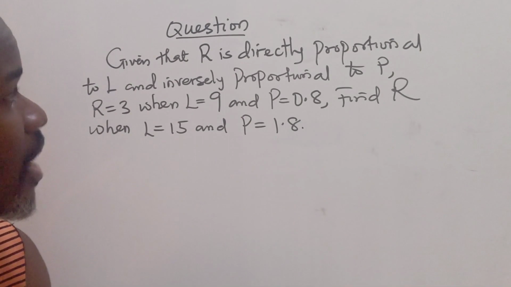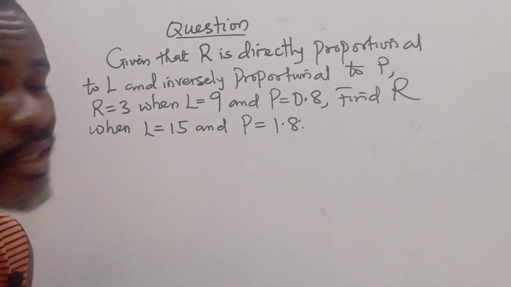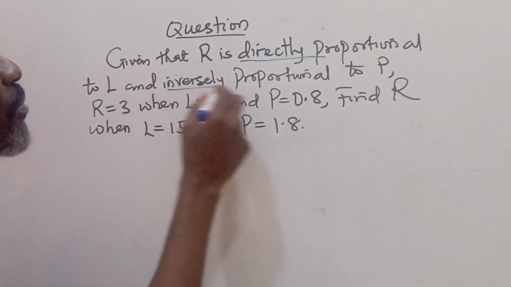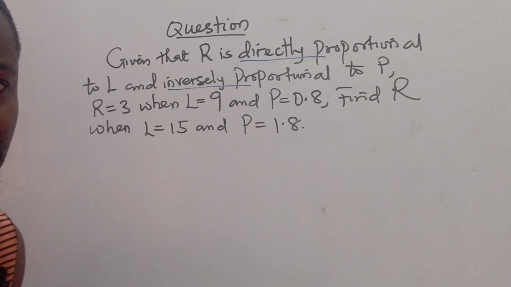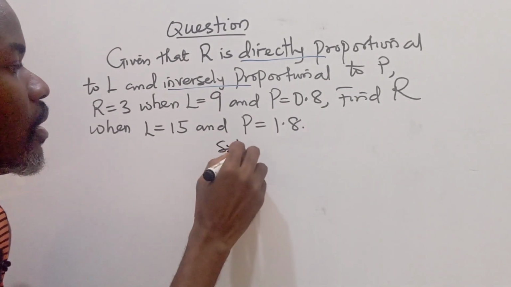The question says, given that R is directly proportional to L and inversely proportional to P. Alright, so quickly let's get what those two statements mean.